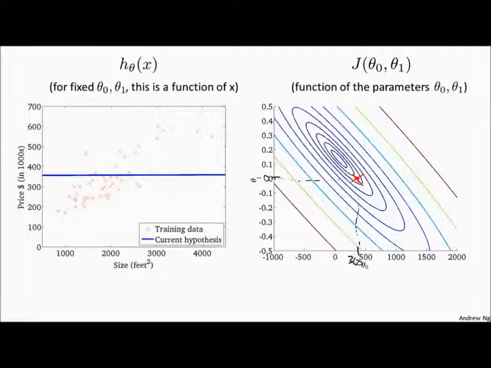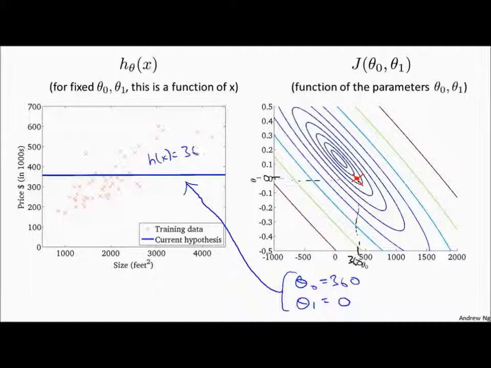So let's write that out: theta 0 equals 360, theta 1 equals 0. And this pair of parameters corresponds to that hypothesis, a flat line, right? This is h of x equals 360 plus 0 times x. So that's my hypothesis. And this hypothesis, again, has some cost, and that cost is plotted as the height of the J function at that point.